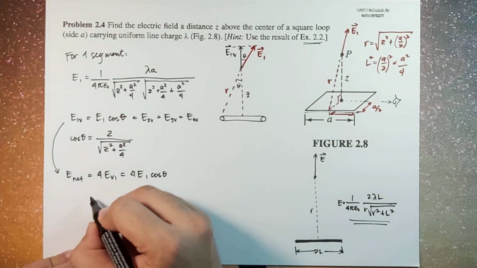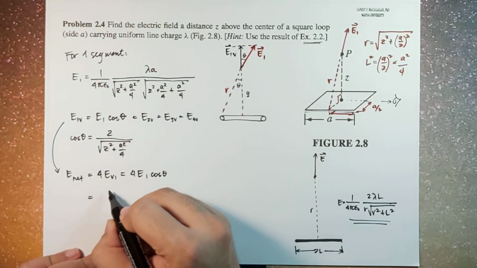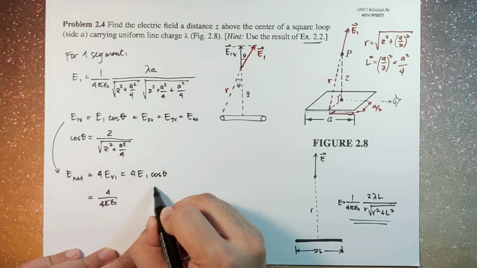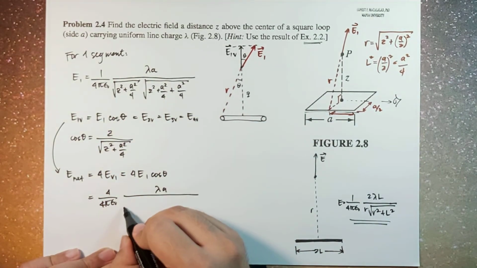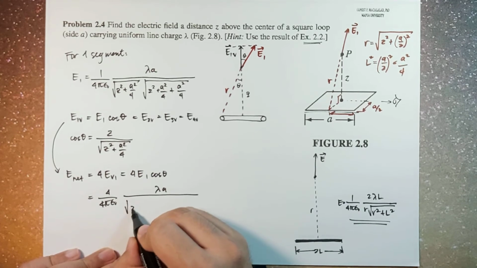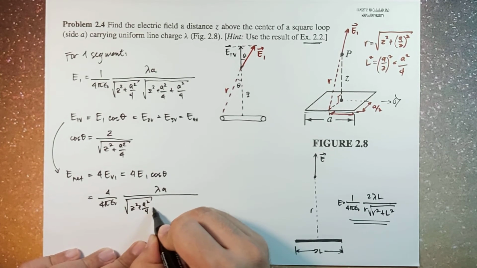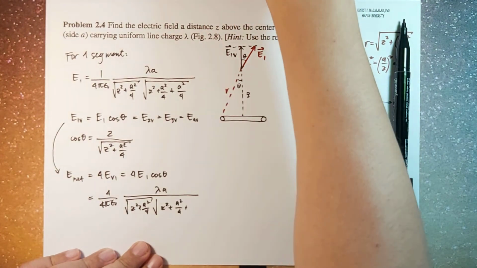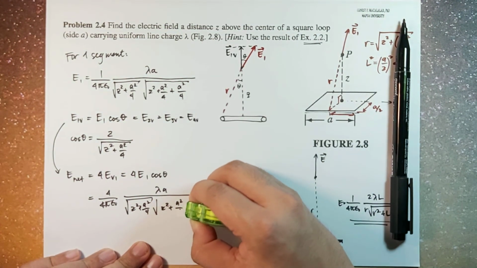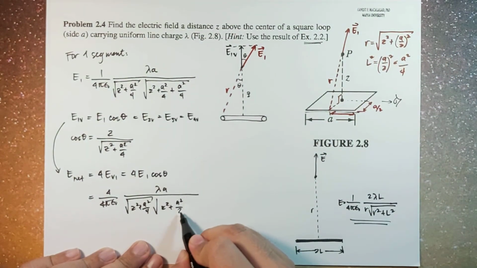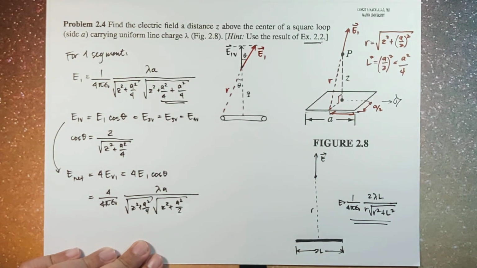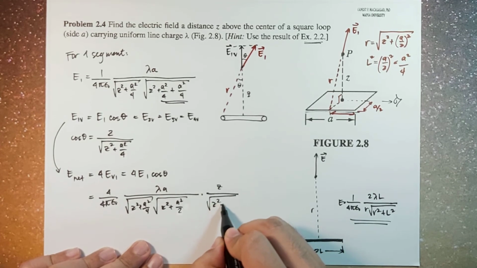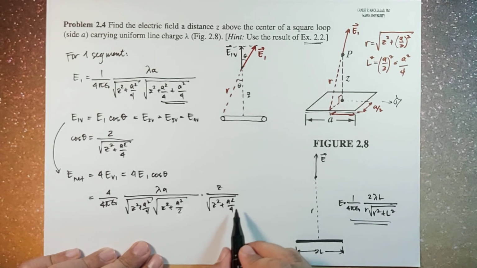So this will now be equal to 4 over 4 pi epsilon naught times lambda A over the square root of Z squared plus A squared over 4 times the square root of Z squared plus A squared over 2, because we could already combine these two, and then times cosine theta, which is Z over the square root of Z squared plus A squared over 4, which can be combined with this.